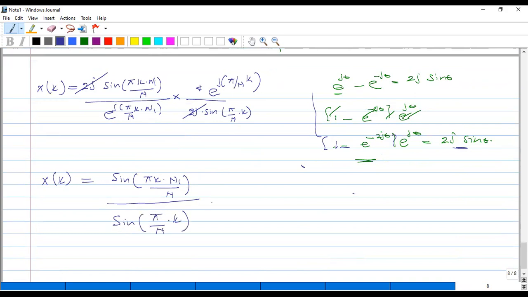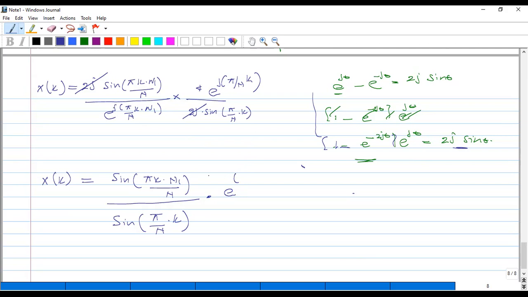Here we have a division, so if the division is there, the power will be subtracted.